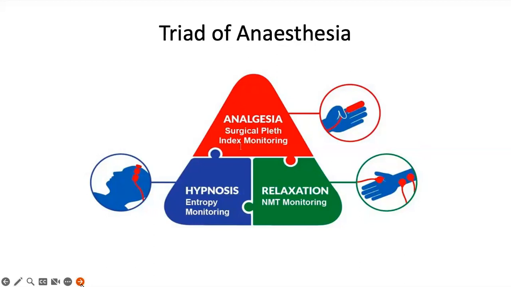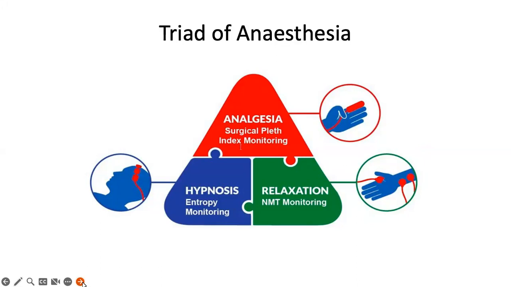So for analgesia, there are different modalities available to monitor how well analgesed the patient is, but they're not very sensitive. Hypnosis, I think we've gone quite far in terms of that. In the previous tutorials, they might have talked about bispectral index monitoring, and BIS has also advanced now.